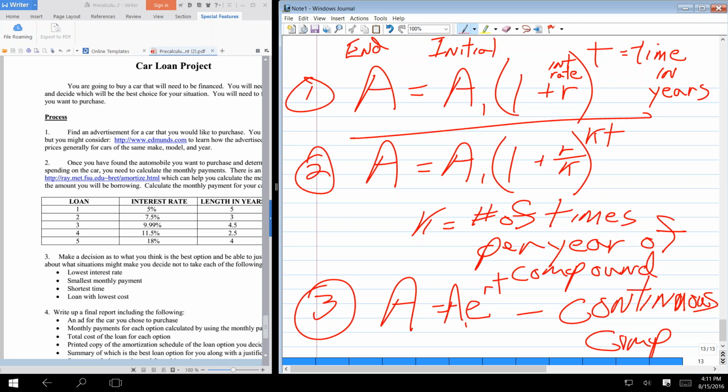So these three equations are the ones you're going to need, and it depends on the situation as to which one you use. This is for once a year compounding, this is for more than once a year compounding, and this is for continuous compounding.